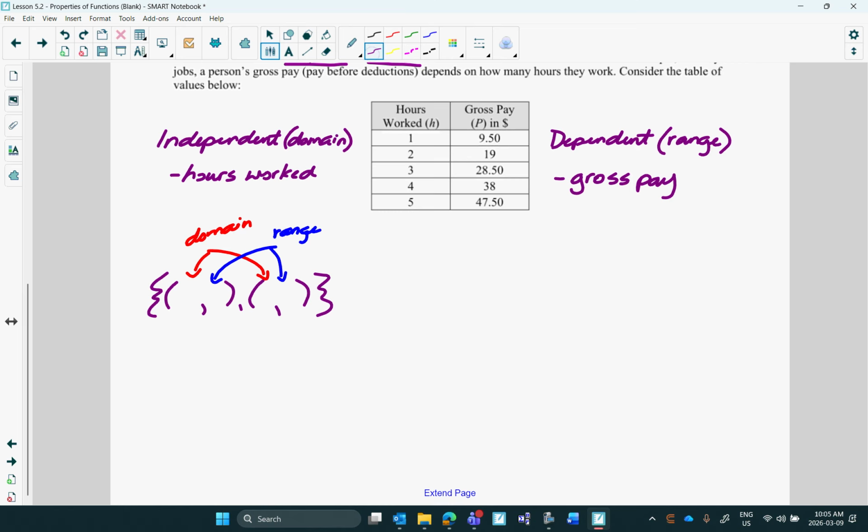If you've got a table, okay, this is the domain. Whatever's in here, this is the range. And this would be the independent variable. And this would be the dependent variable.